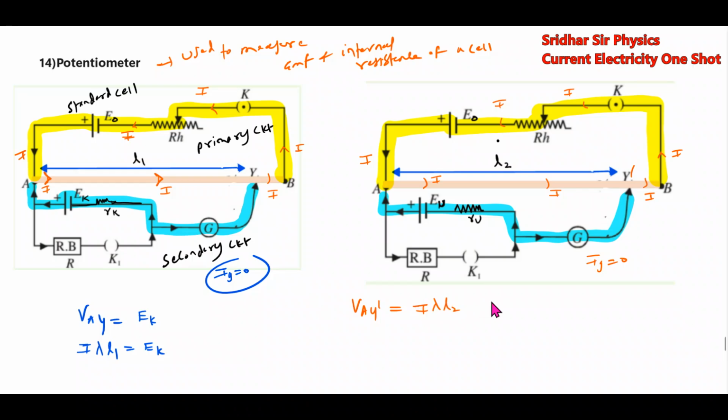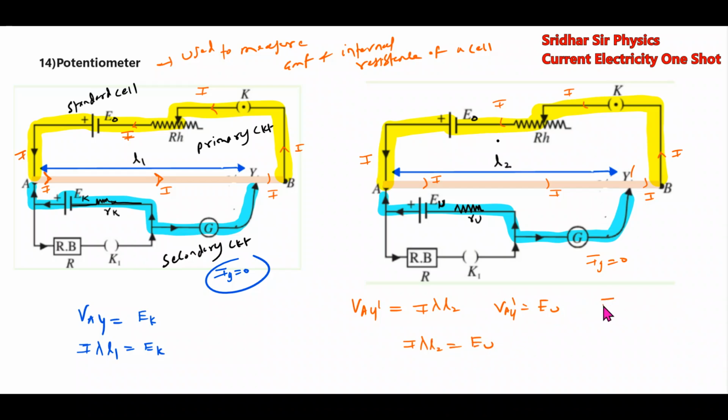What should this be equal to? The unknown EMF EU. Because there is no current through the galvanometer, this drop should be equal to EU. So I lambda L2 is equal to EU.